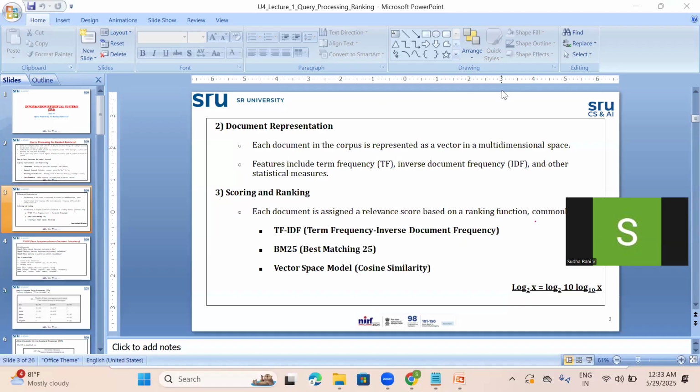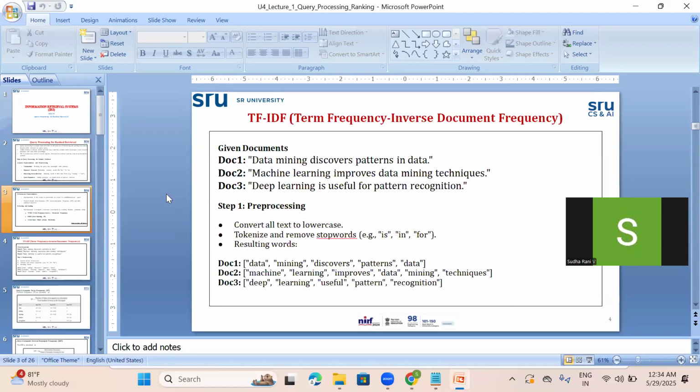Here we have methods like TF-IDF, term frequency and inverse document frequency; BM25, best matching 25; vector space modeling; and cosine similarity.